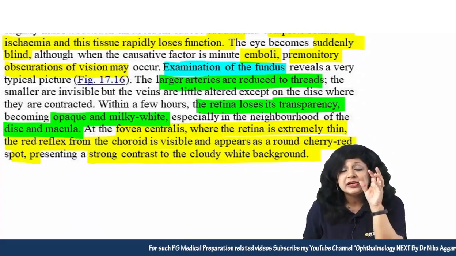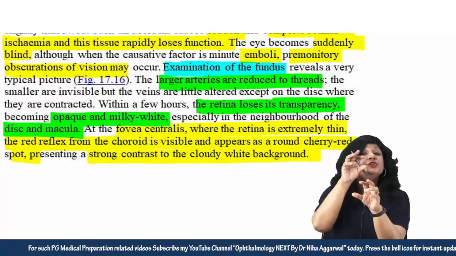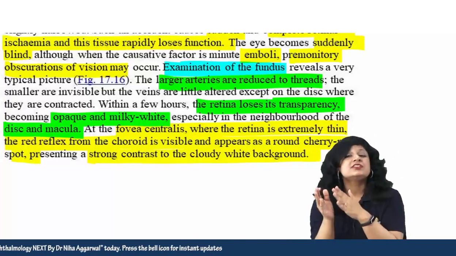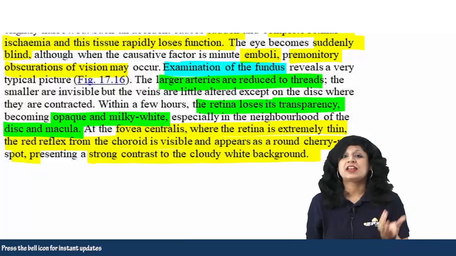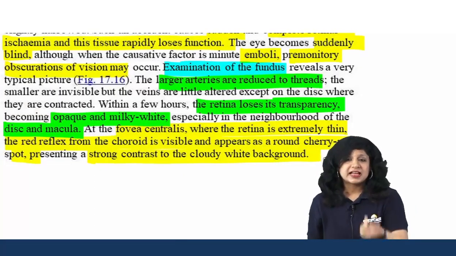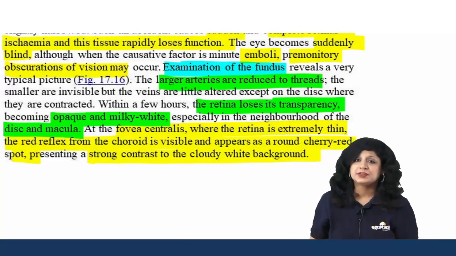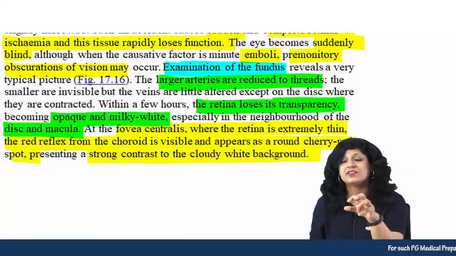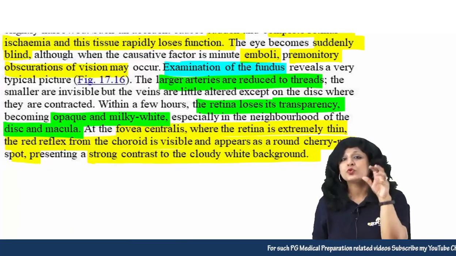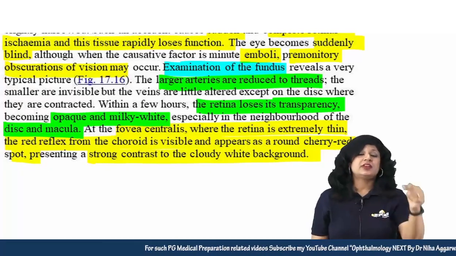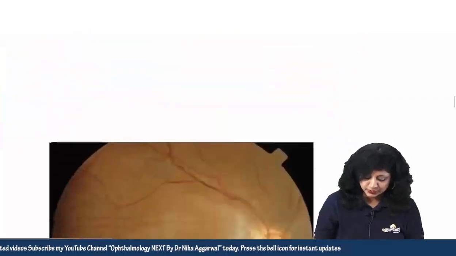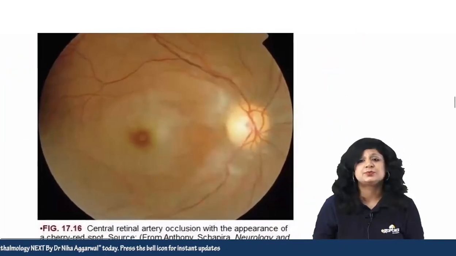Rather, it is the only area where the choroid continues to shine through the fovea centralis, because this area does not have the ganglionic cell layer where we have the collection of exudates. Other areas have become opaque due to the collection of exudates, and that is why they show a sharp contrast of this cherry red color in the fovea centralis, where the choroid is shining, compared to the surrounding area which has become opaque and milky white in color, and that is called the cherry red spot. So a beautiful cherry red spot, can you see?